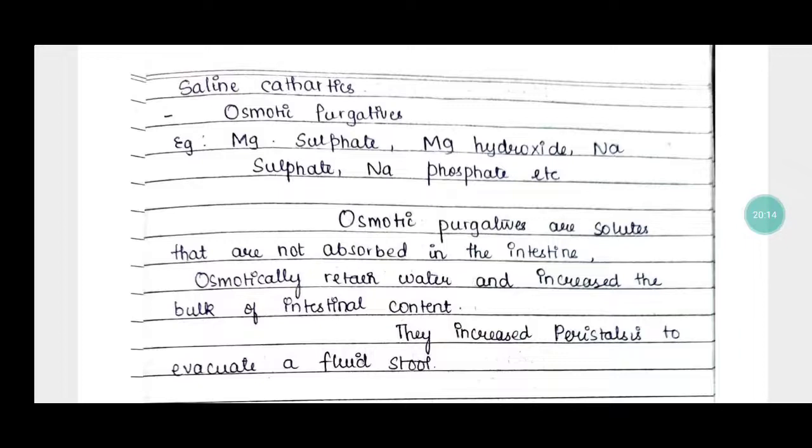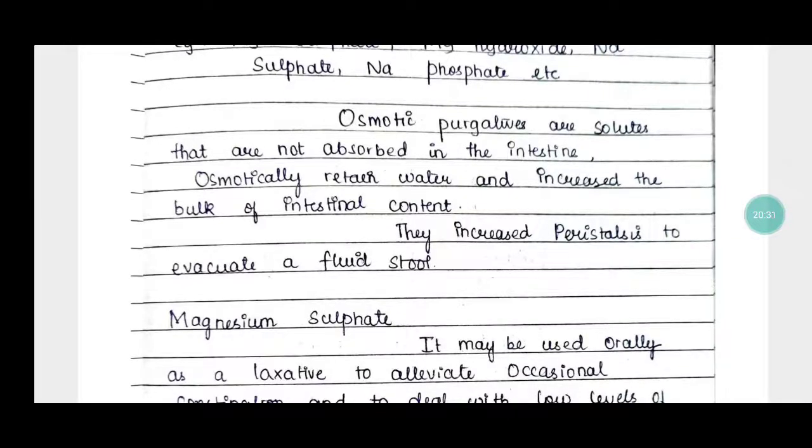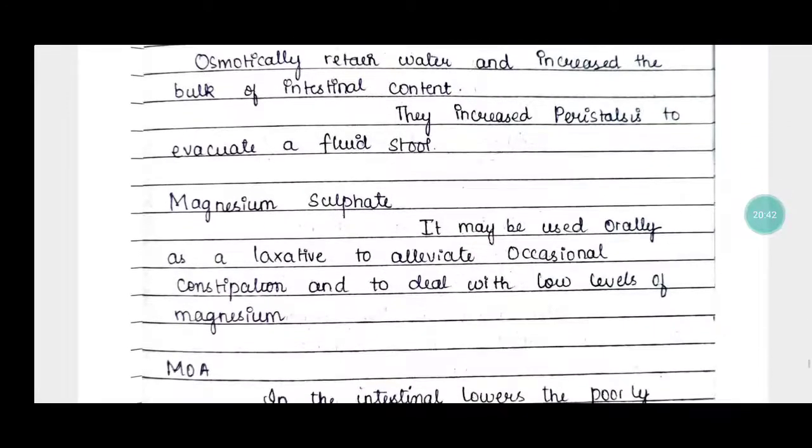The examples for osmotic purgatives or saline cathartics are magnesium sulfate, magnesium hydroxide, sodium sulfate and sodium phosphate. Osmotic purgatives are solutes that are not absorbed in the intestine, osmotically retain water and increase the bulk of the intestinal content. So they increase peristalsis to evacuate a fluid stool.